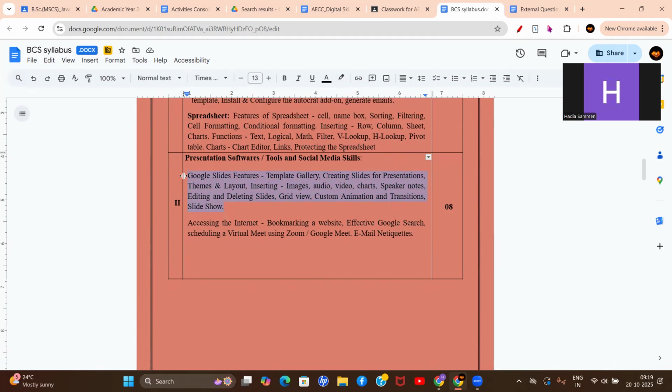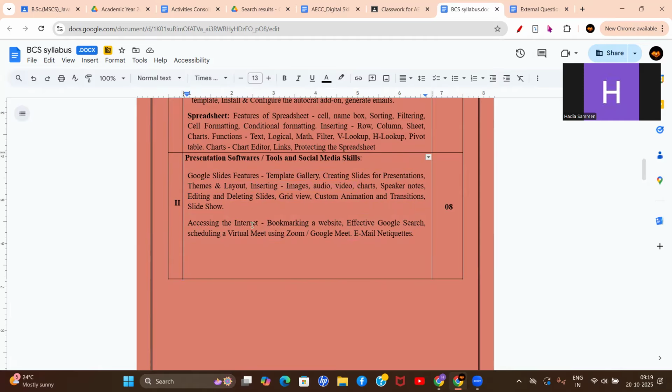Like this is your first part, Google Slides, and accessing the internet is your second part. So, suppose you are asked about inserting images, video, audio from Unit 2.